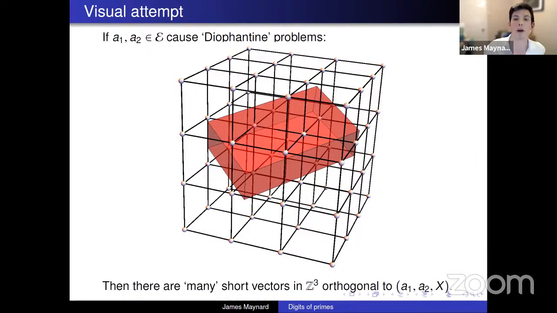So there's some cuboid that just depends on A1 and A2, and you're in a good situation unless there's lots and lots of lattice points in this cuboid. You would generically expect the number of lattice points in the cuboid to be roughly the volume of the cuboid, but it's certainly not always going to be the case, as you could have a cuboid that lines up with the xy axis and looks very thin and flat.